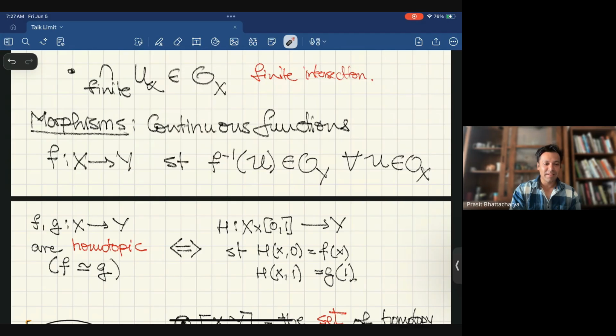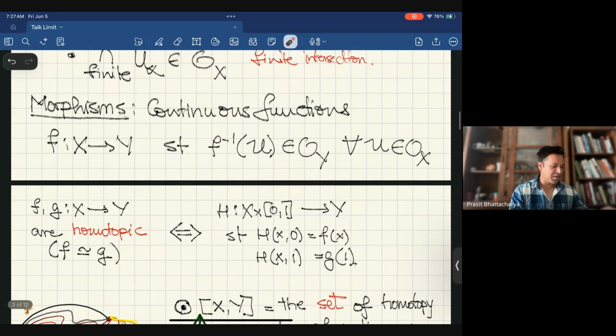Okay, all right, good. I'm not going to assume anything. Any questions so far? Any questions on topological space and the notion of continuity? Everyone good with that? Okay.